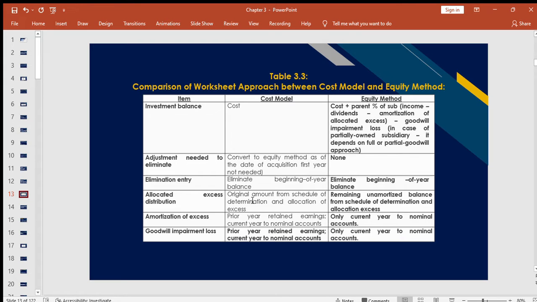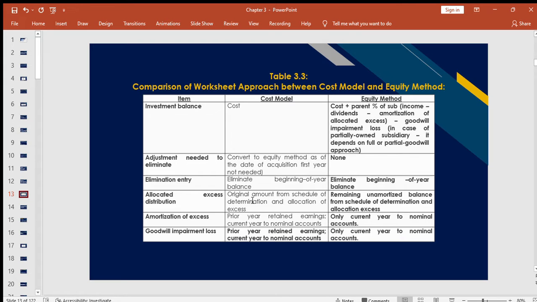Also, the adjustment needed: under cost model, we convert our cost model into an equity method as of the date of acquisition.